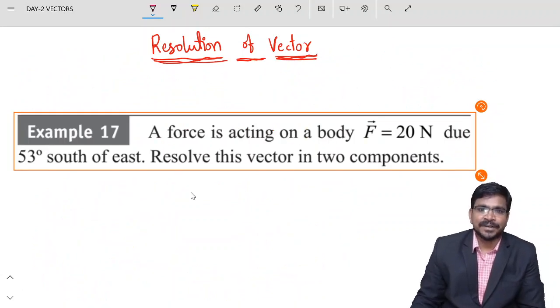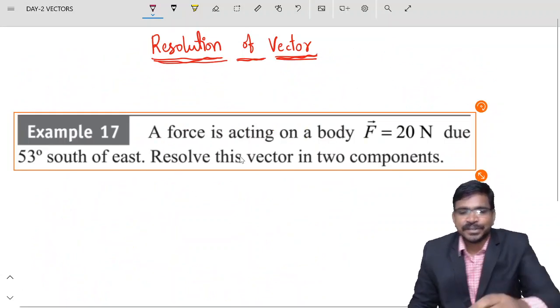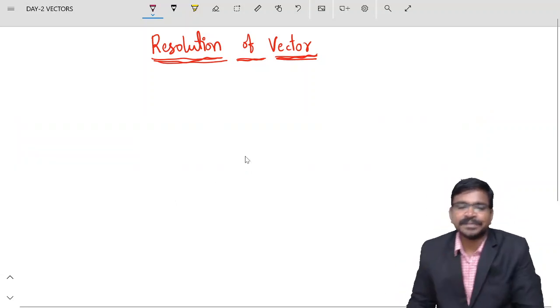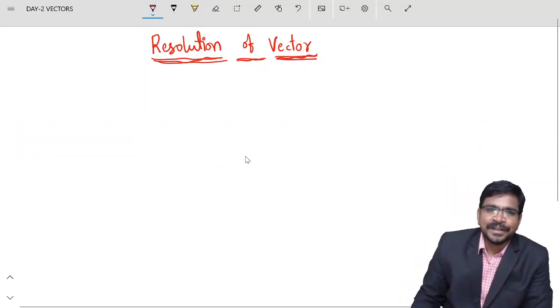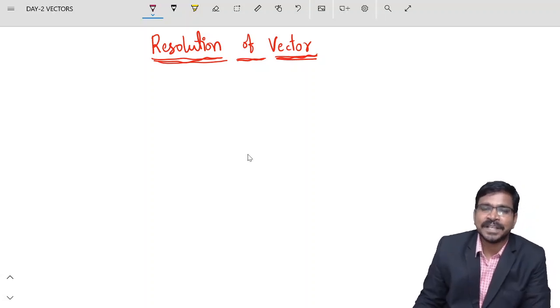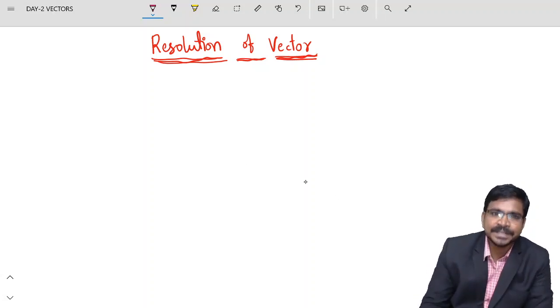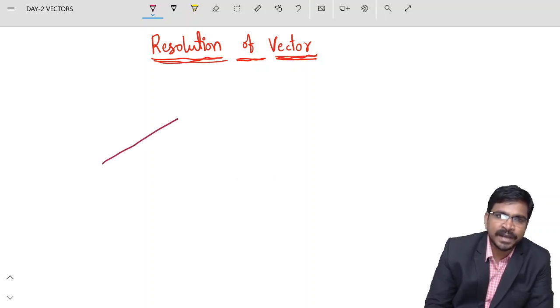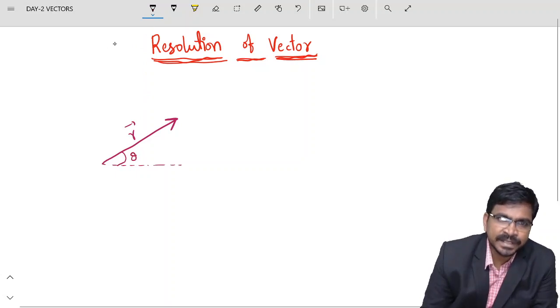Resolution of vector sometimes is very helpful even in other chapters also. Resolution means if any vector is there at an angle theta with the horizontal, I can express this.